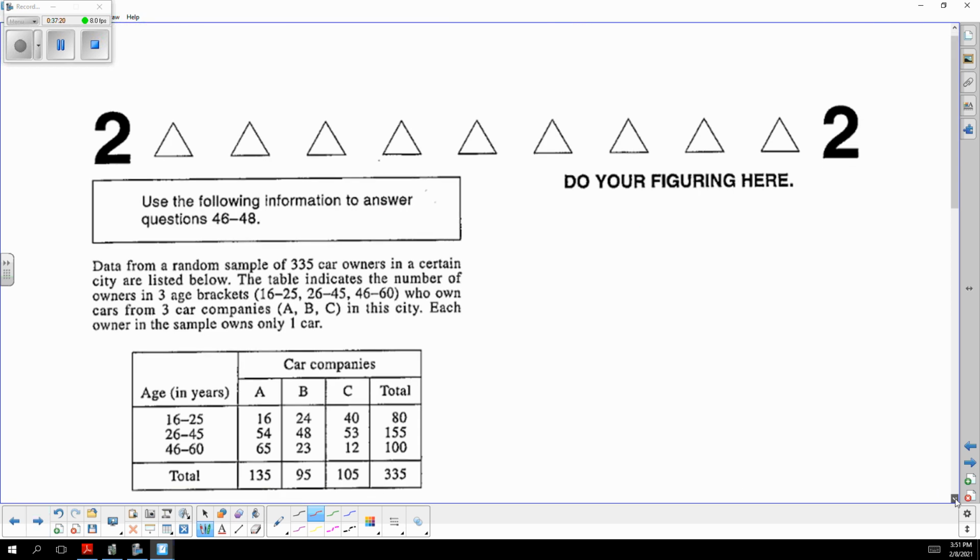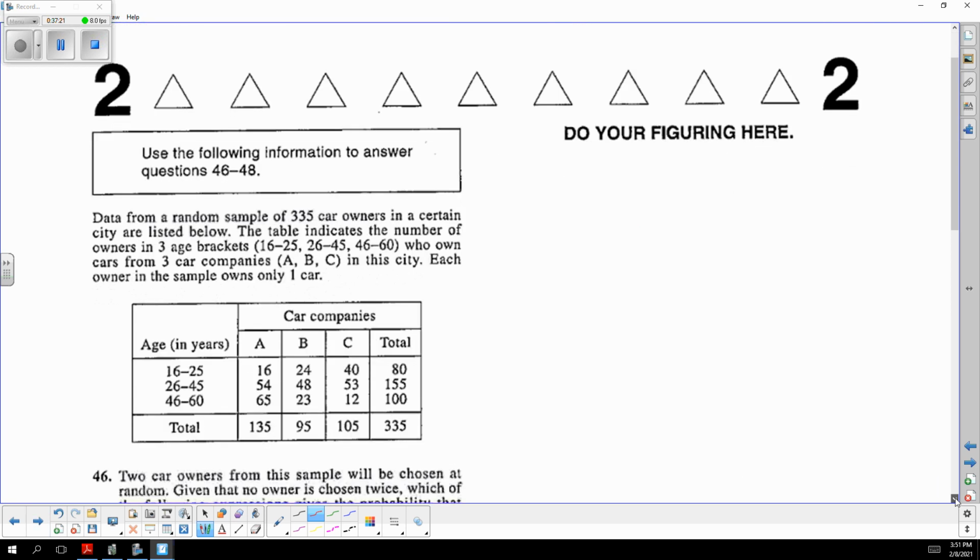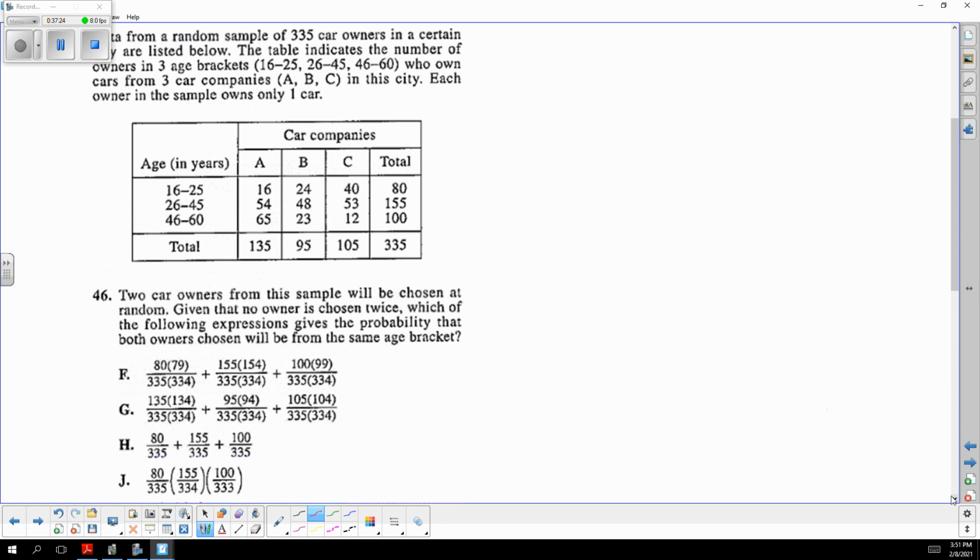All right, this one's tricky and difficult. It says a bunch of information about car companies and who has these cars. So given that no owner is chosen twice, which of the following gives the possibilities that both owners chosen would be in the same age bracket? So you have to take this one and say, all right, what's the chance that both are in this one?